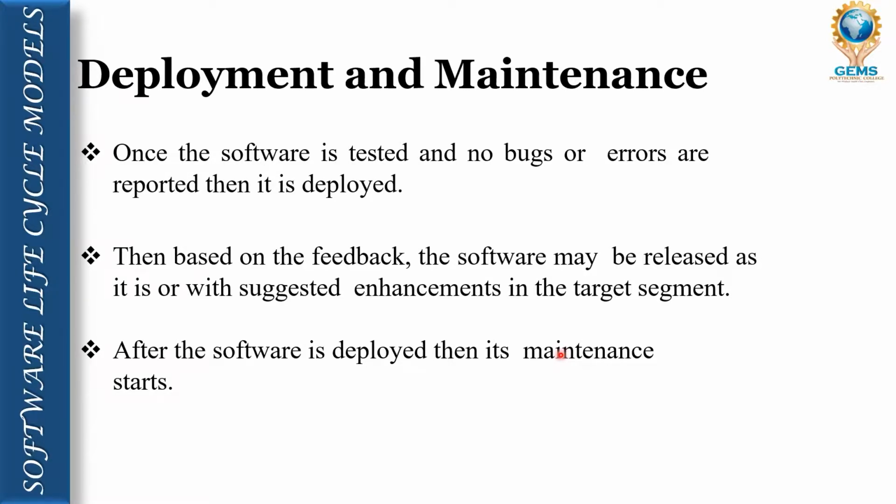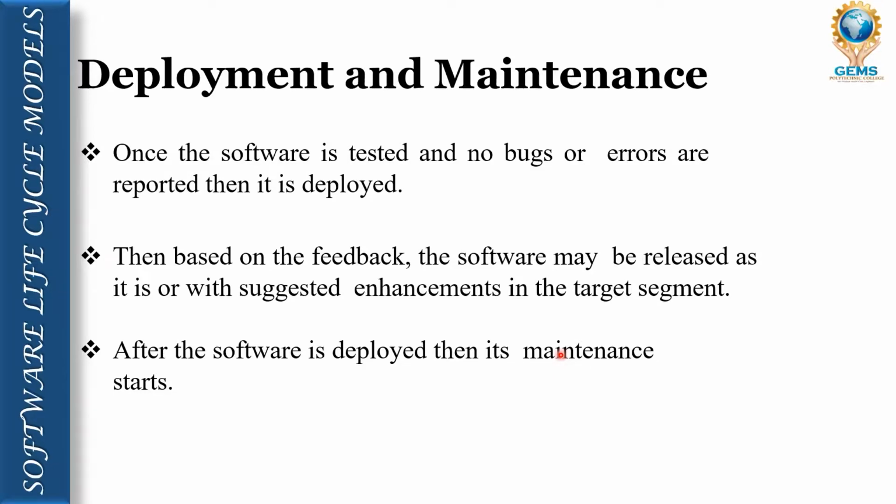Based on the feedback, the software may be released as it is or with suggested enhancements in the target segment. If any enhancement is required in the software, we can do it, and then finally we deploy to the market. After the deployment is done, we go for the maintenance part.